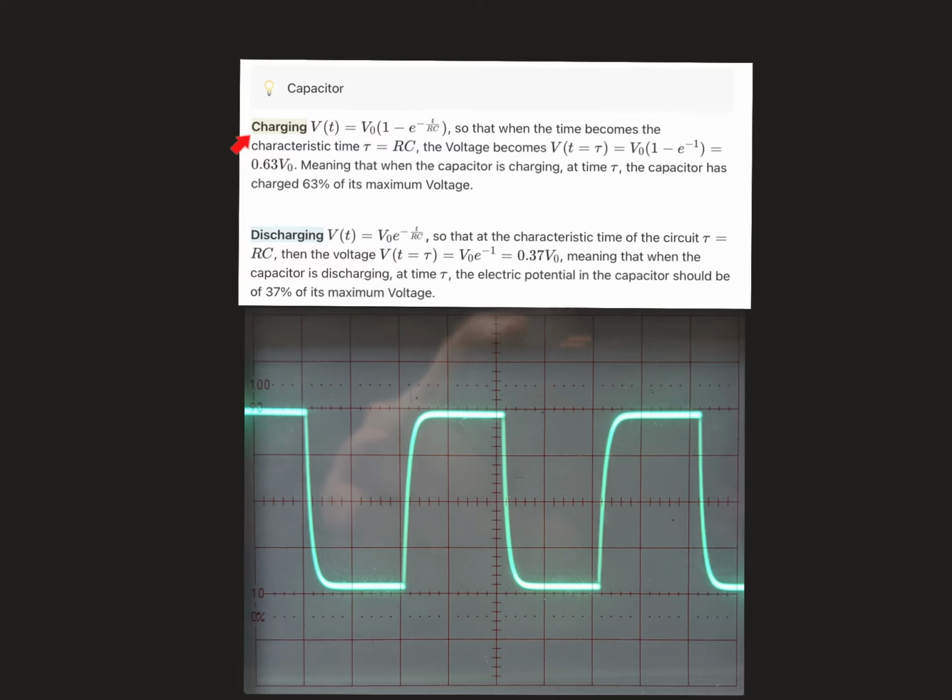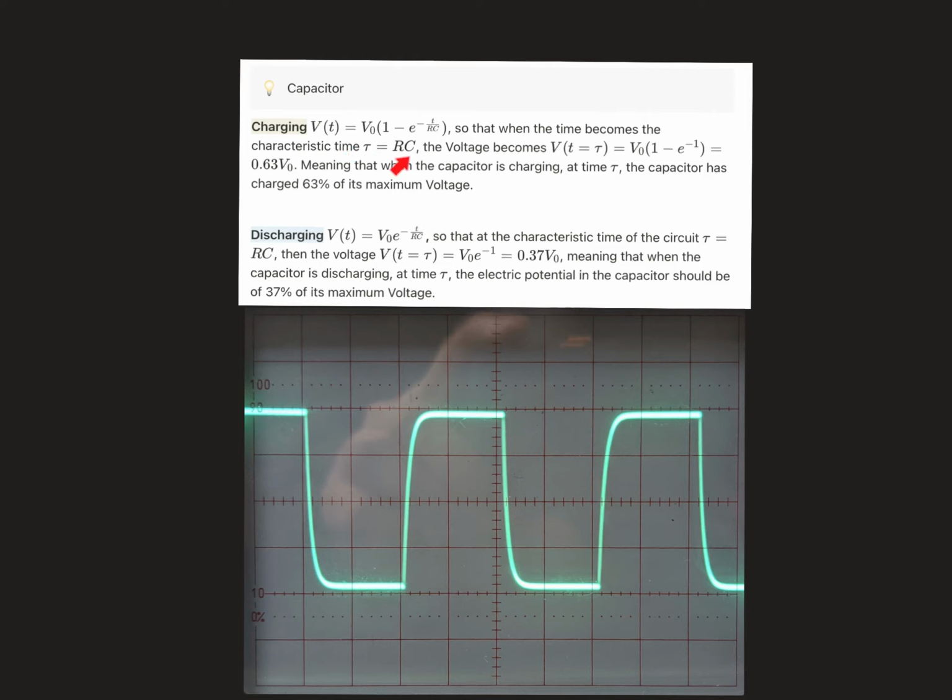As we discussed during the lab, during the process of charging, the voltage can be modeled as V sub 0, the maximum voltage, times 1 minus e to the minus t divided by RC, where t is the time. And we saw that this quantity RC has units of time. Therefore, this is known as the characteristic time of the RC circuit.